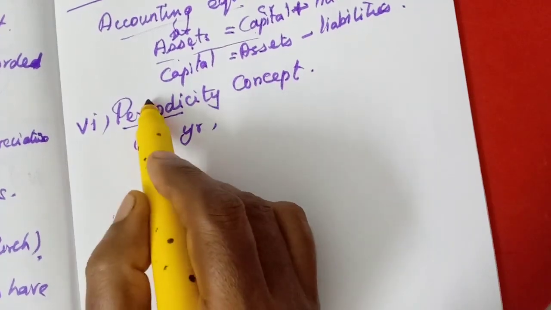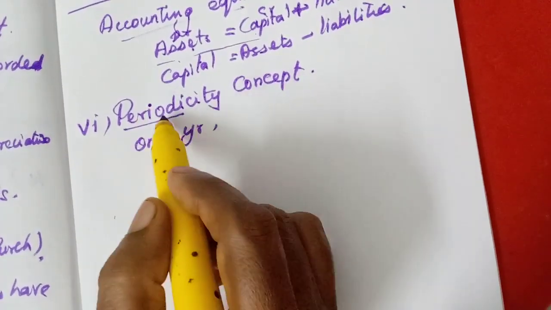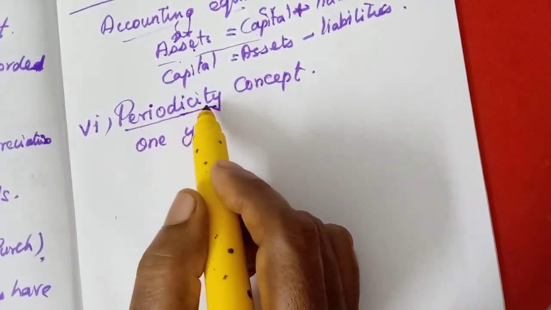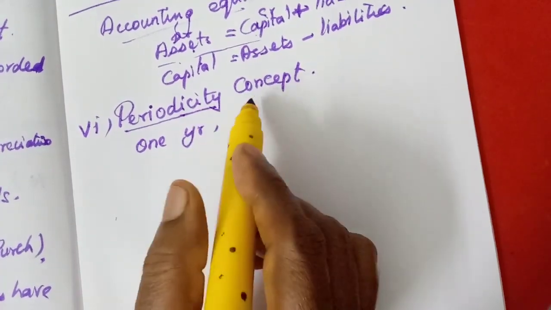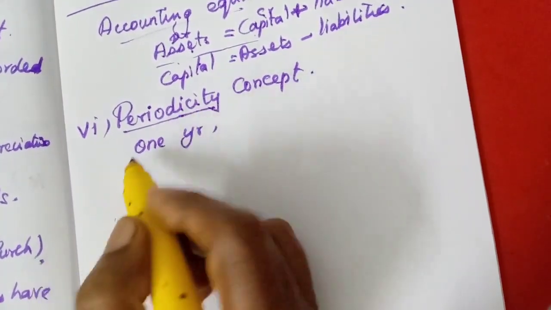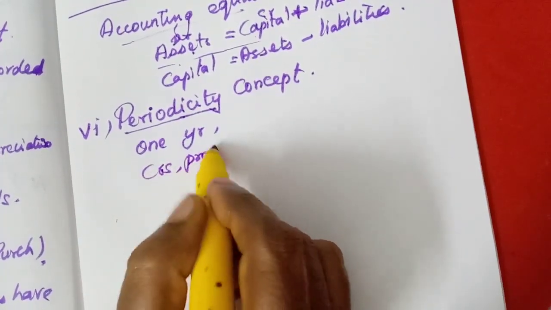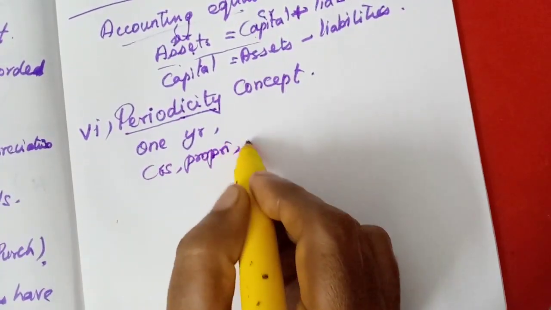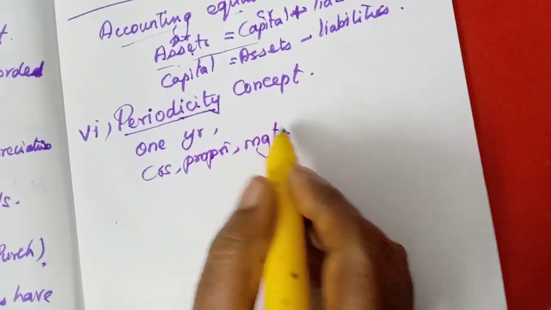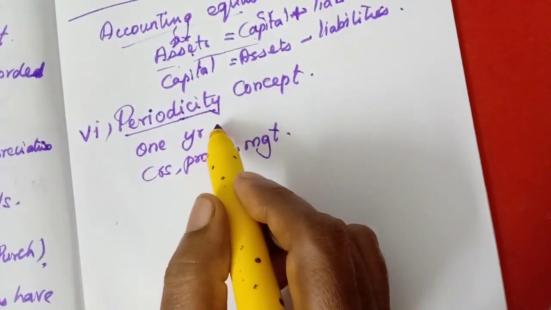But periodically we need to check the performance and the financial position of the business concern, because many people, the creditors, the proprietor, the management, everybody needs to know the performance of the business.